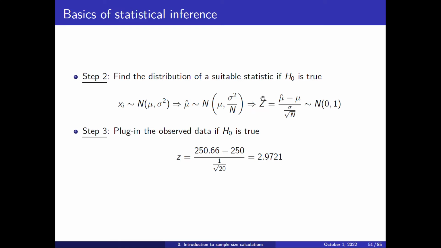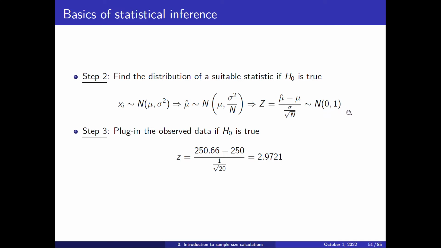This calculation is called a statistic, which is a very confusing name. In this case, it is your observed mean minus the target mean, divided by sigma divided by the square root of n. And this is distributed as a Gaussian with zero mean and standard deviation 1.